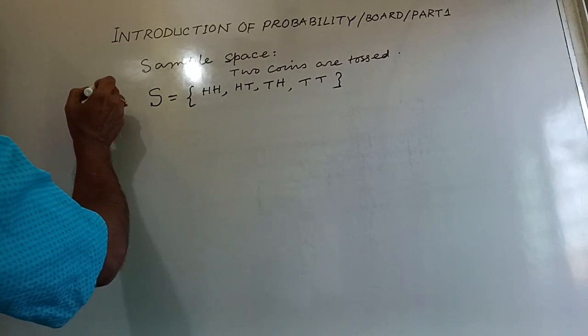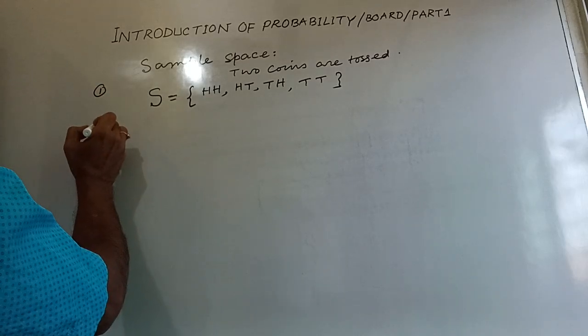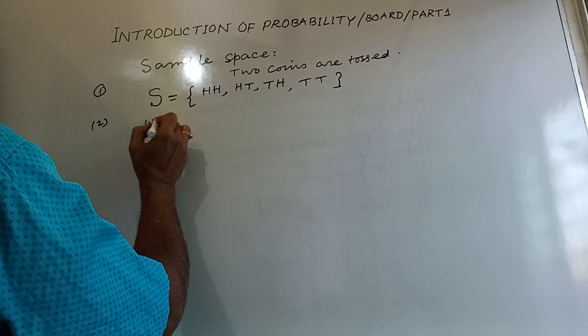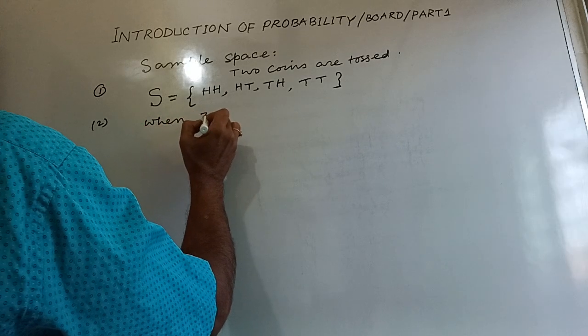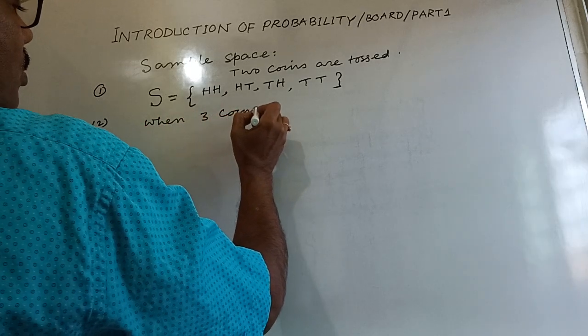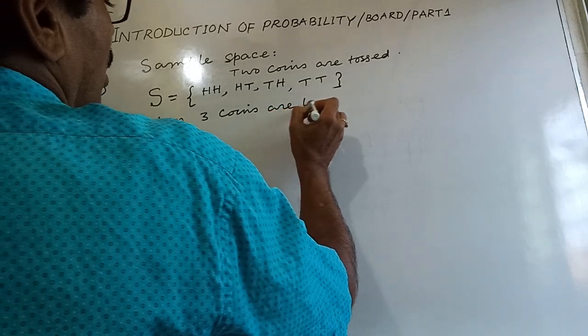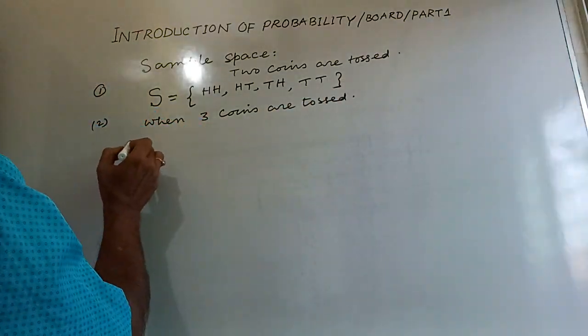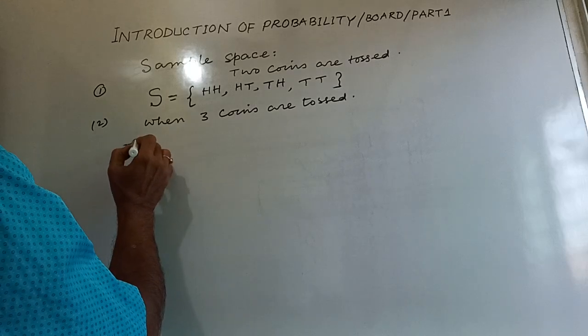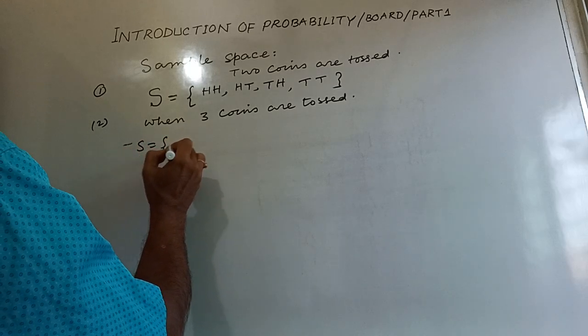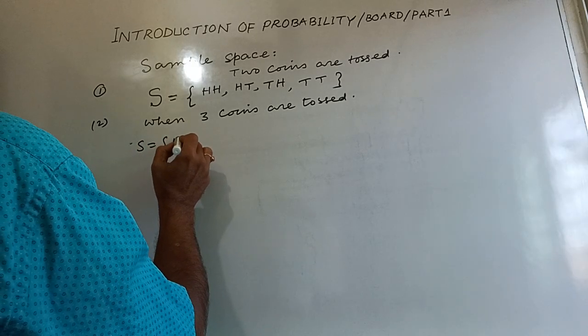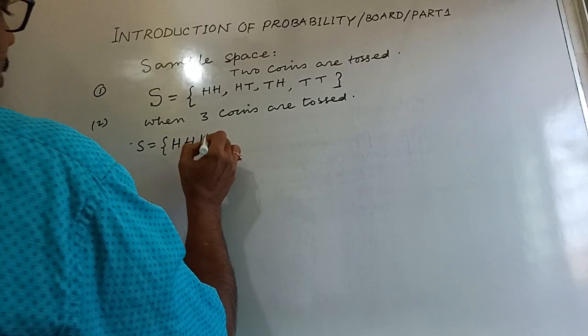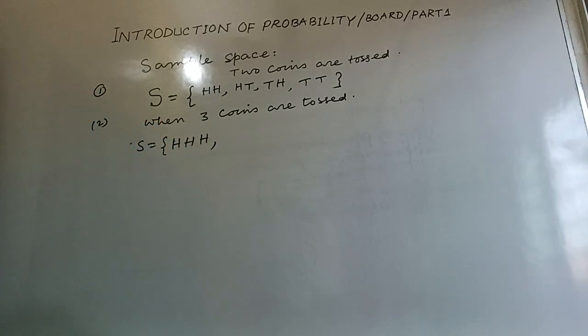Now, number 2, when 3 coins are tossed, what is the sample space? S equals: 3 heads, HHH.